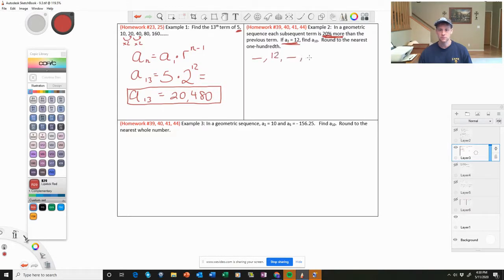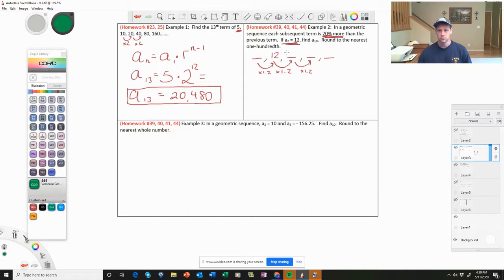Third term, I don't know. Fourth term, I don't know. Fifth term, I don't know. But I do know that my common ratio is going to be 1.2, because if something is increasing by 20%, that means we're multiplying by 1.2.